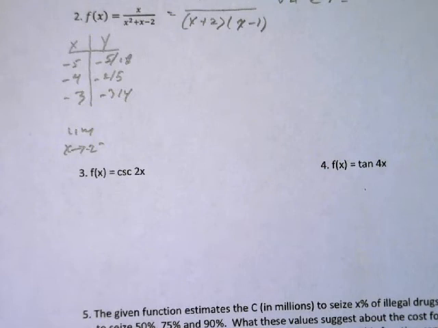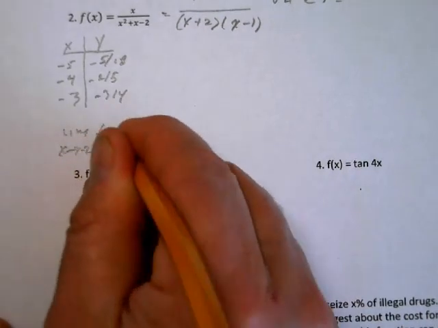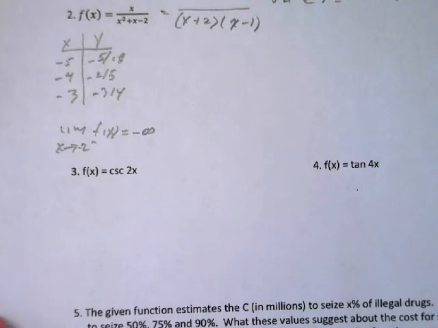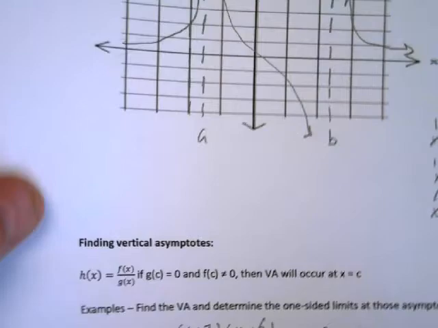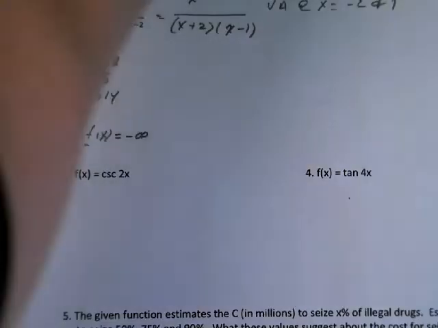So what's happening to my y values? They are decreasing in value. So as x approaches -2 from the left of f of x, that is going to approach negative infinity. So that means it's going to look something like this.